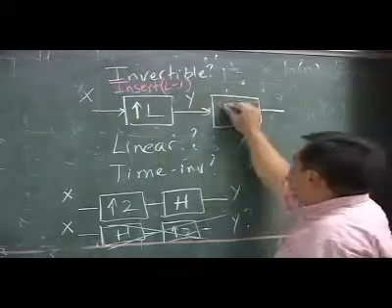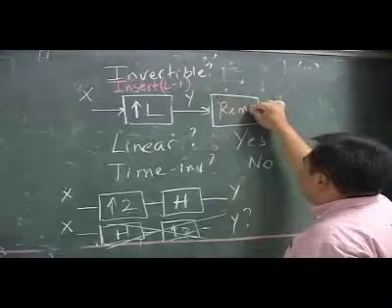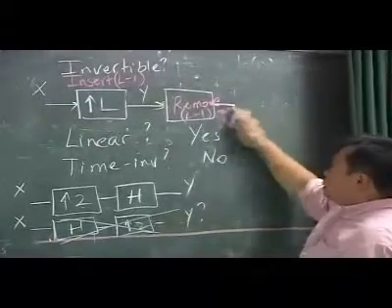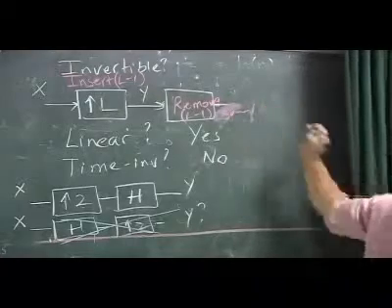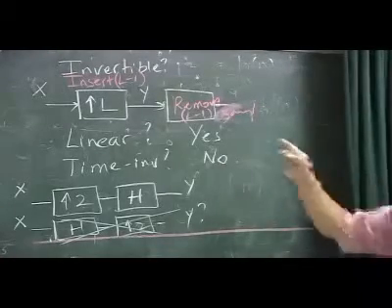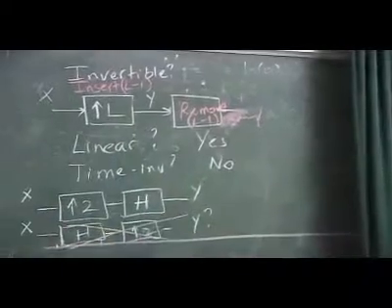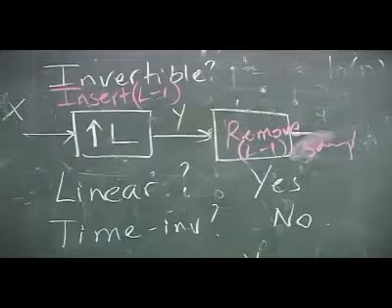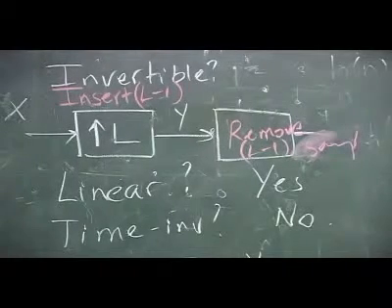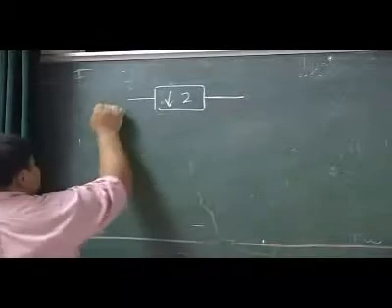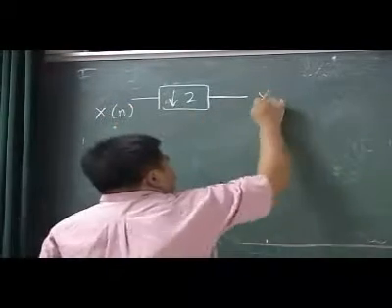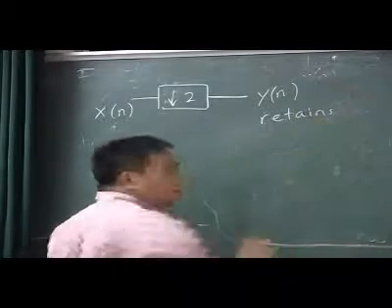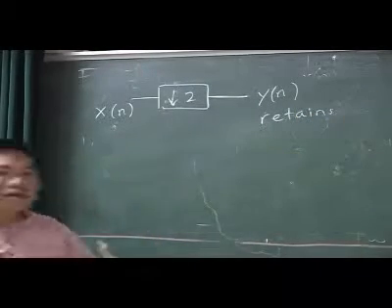Remove L minus 1 zero samples, right? Okay? And that is what we'll discuss next. Okay? That is downsampling. Or another way to say this is y of n is retain, meaning you save, okay? Retain even index samples.